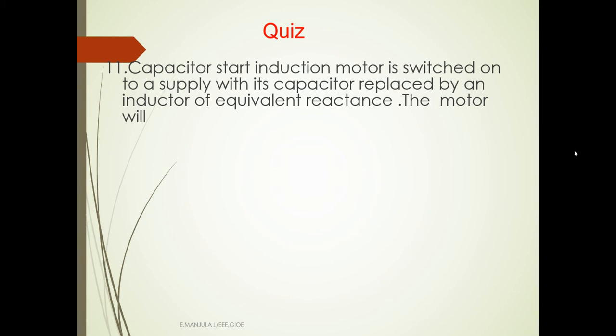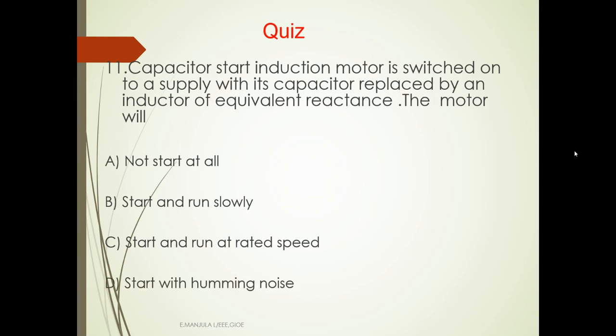If a capacitor start induction motor is switched on to a supply with its capacitor replaced by an inductor of equivalent reactance, it will not start at all, because there will be a formation of an angle.